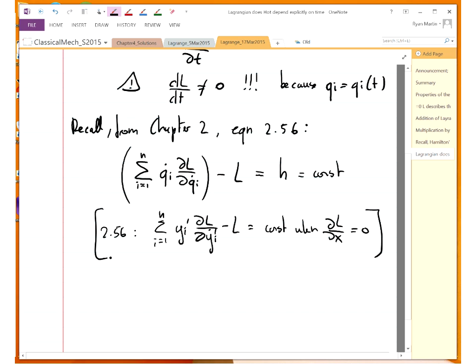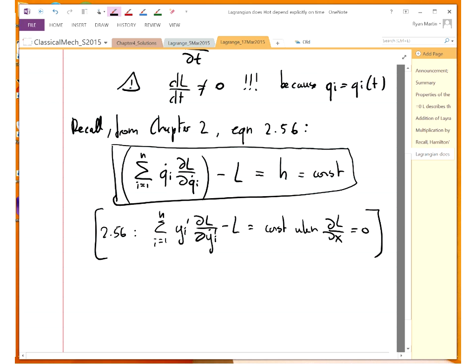That's what we did when we were working with x and y. Now that we're doing it with q's and t's, this is the equation that we get. And this is actually a very important equation, so we're going to examine it a little bit more.